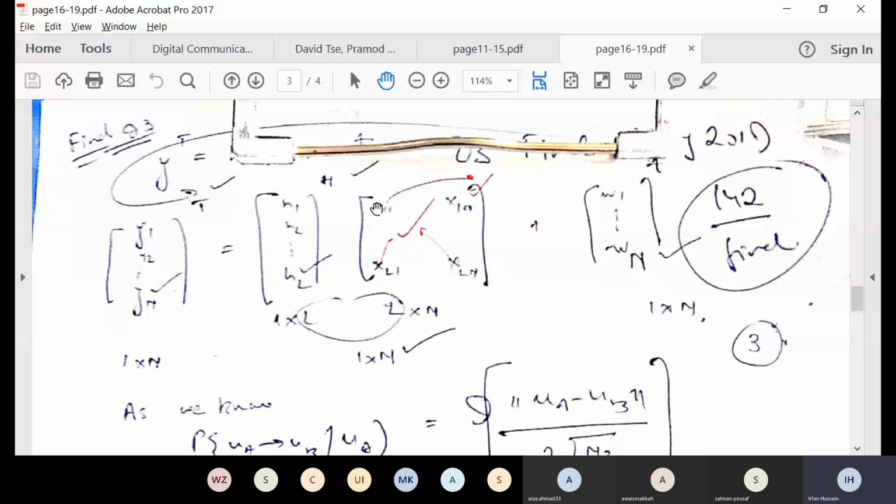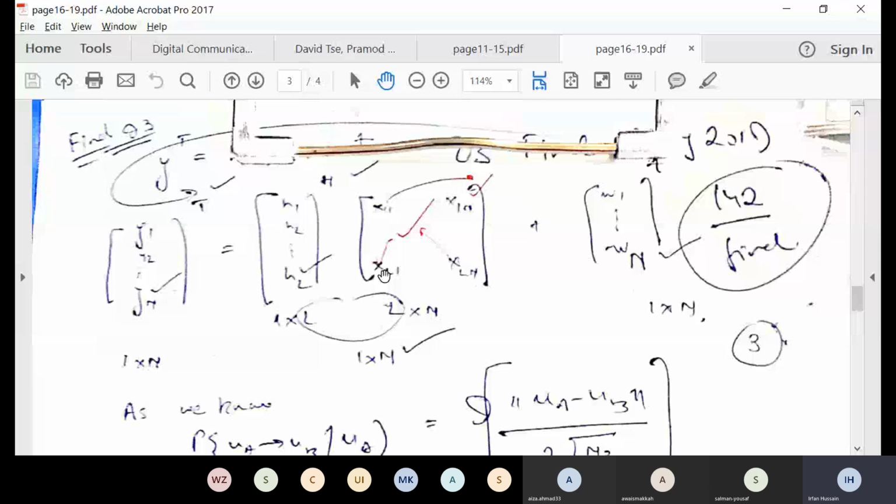You are occupying n, so you will be getting n outputs. Channel coefficients will correspond to the number of antennas. So you have L antennas, so this will be H1 to HL. For space-time, we assume that these channels remain constant not only for the first time slot and second time slot, but up till the nth time slot, all these channels remain the same.